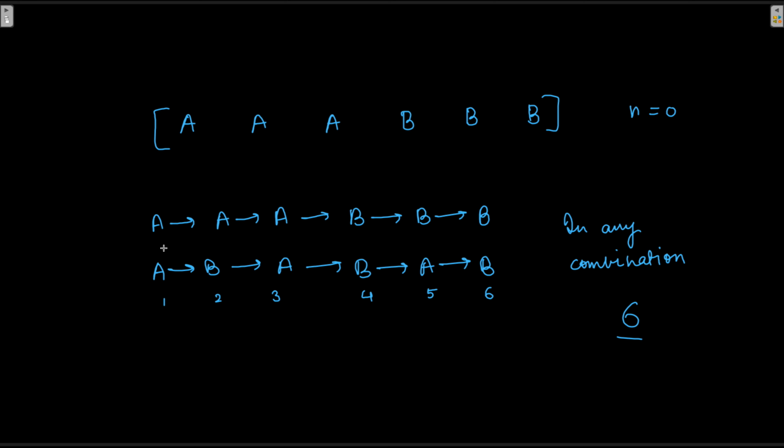It can be present in any combination and that would be fine. So A could come right after A and B could come right after B. Or you could have A and then B and then A and then B and then A and then B. In any case, the minimum number of CPU cycles required is going to be 6.